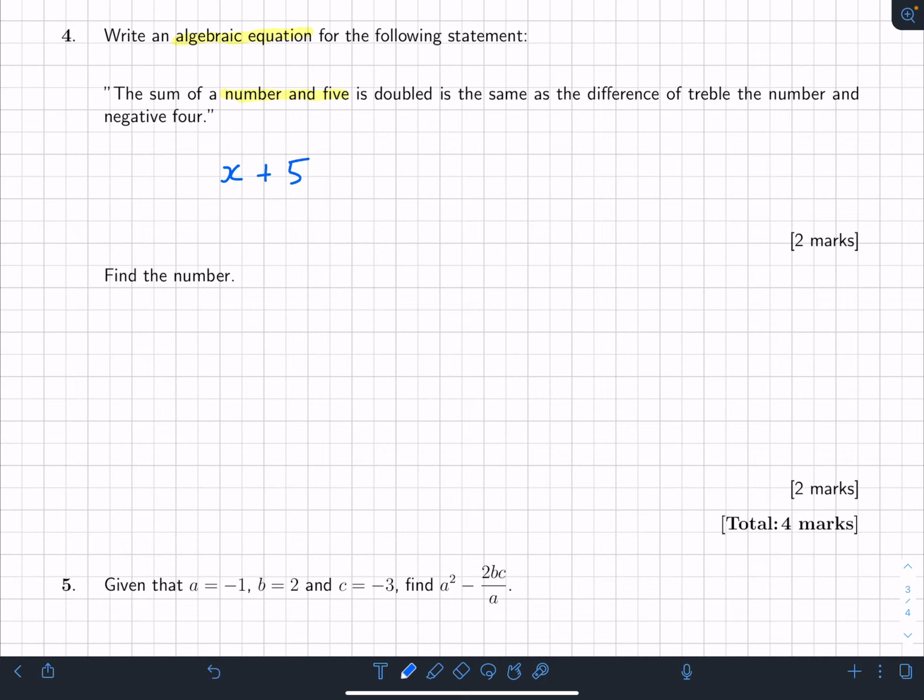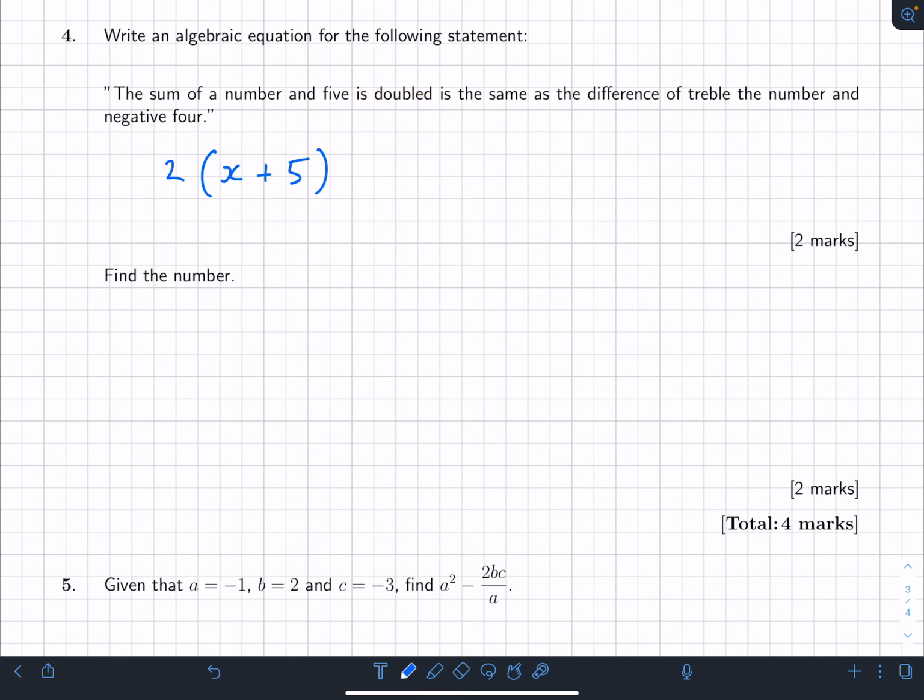A number and 5 is doubled. So how do we double a number and 5? Okay, it's going to be doubled, so it's times by 2. So there we have is doubled.